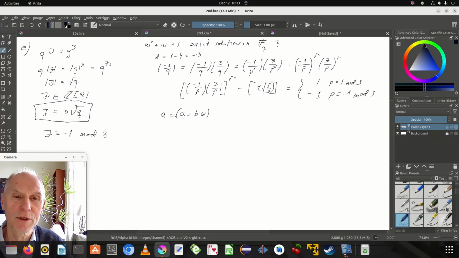So do we really have an element in this ideal giving both plus and minus omega?